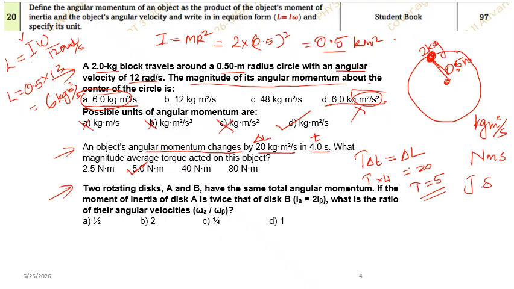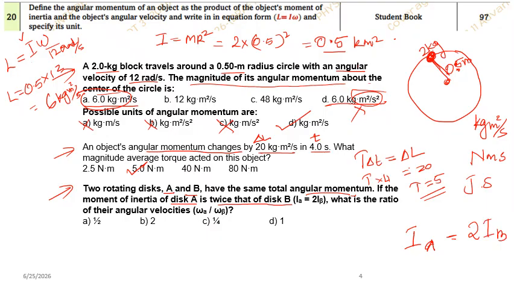Now the next question. Two rotating discs A and B have the same total angular momentum. The angular momentum is exactly the same. The moment of inertia of disc A is twice that of disc B. IA is twice IB.